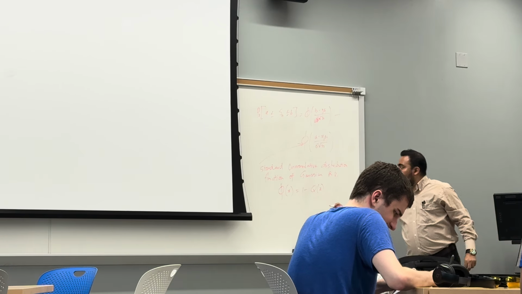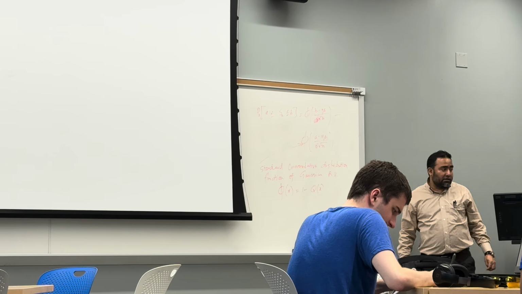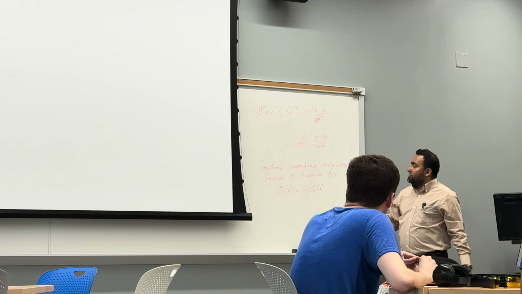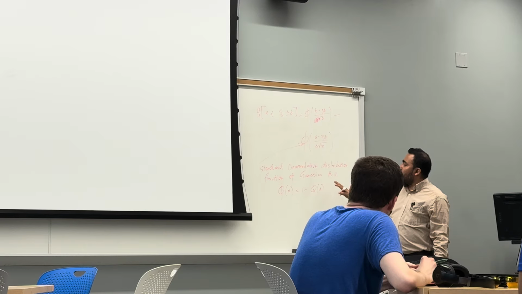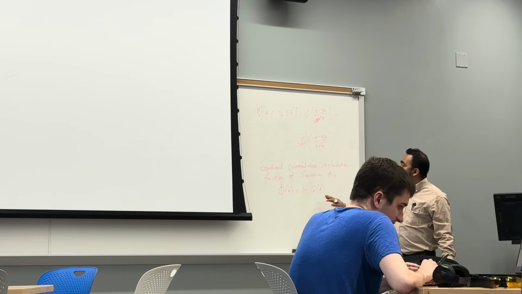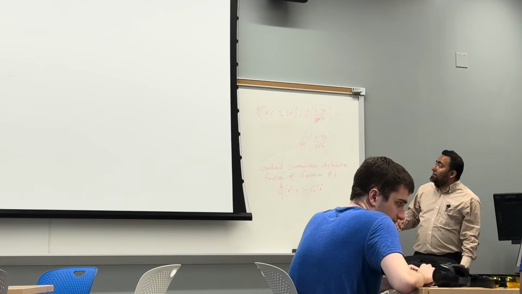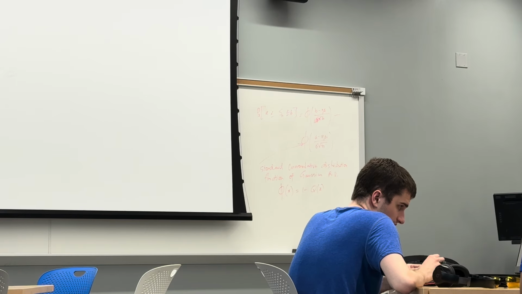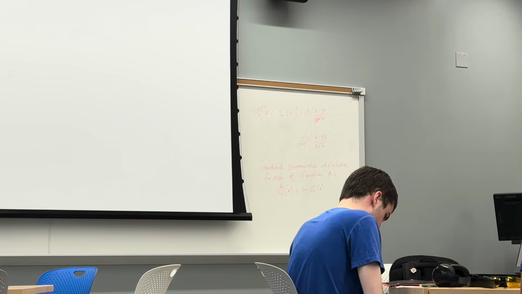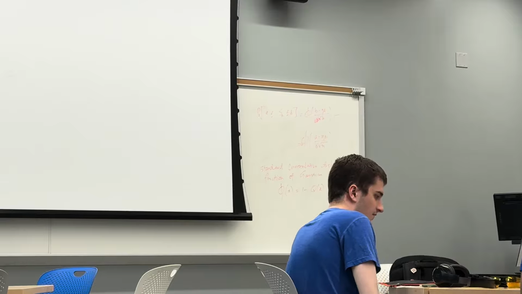So this is the relation between phi and Q. Phi is the standard cumulative distribution function of a Gaussian random variable, and Q is the standard complementary cumulative distribution function of a Gaussian random variable with mean 0 and variance 1.